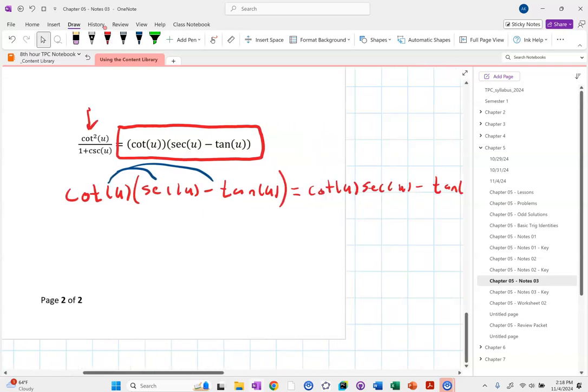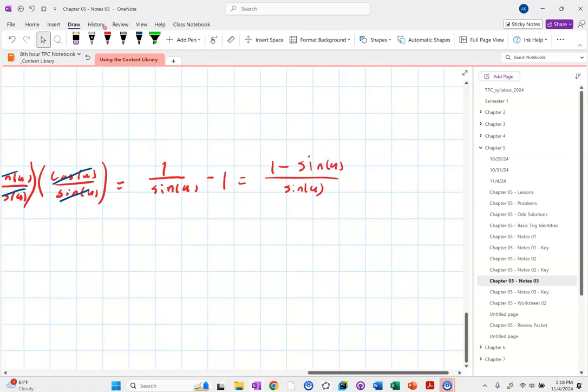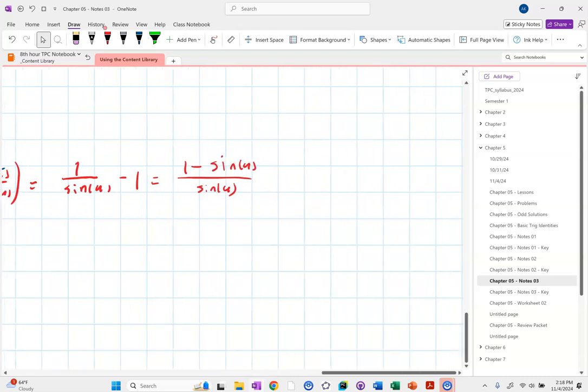So getting the thing into a fraction is going to be helpful to us. And then I see half of a difference of 2 squares. So let's do that.